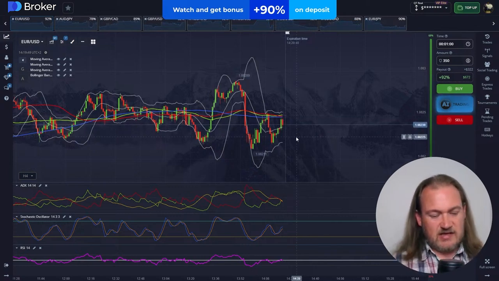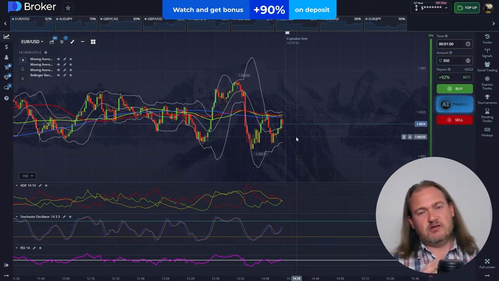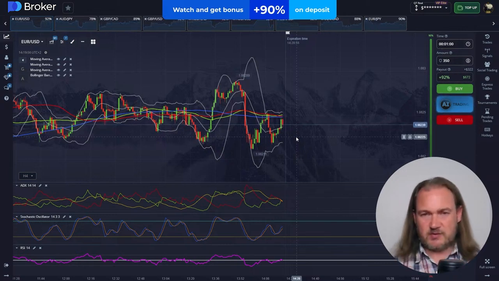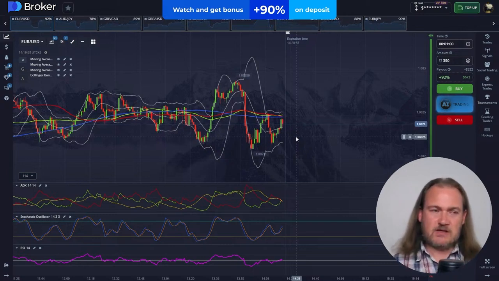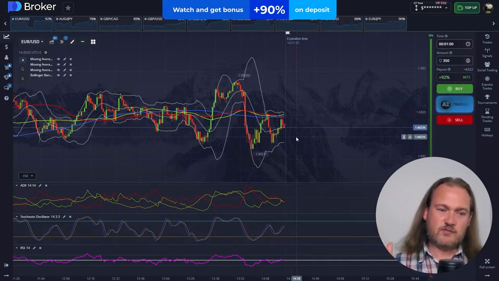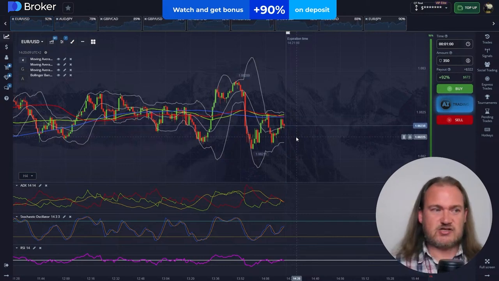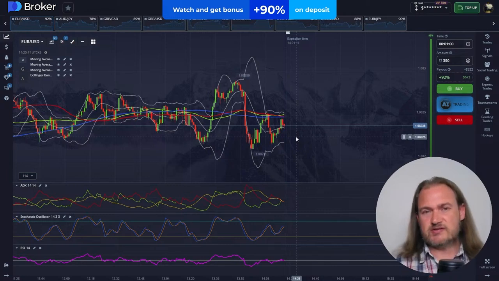Remember always, guys, whatever strategy you're using, make sure you have well-defined parameters for your entries. So that you know, if this happens, I can take my trade, or it keeps you out of a trade if it doesn't happen. Right? So if you stick to your strategy, you won't start stressing out when you lose trades.